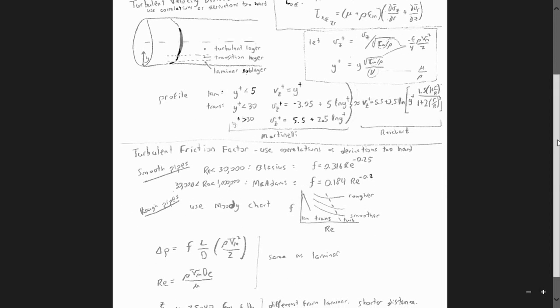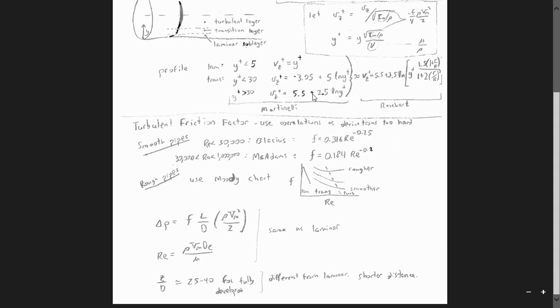Okay, so our velocity profile is there. We have our three terms. And I should note here, if you want to plot not Vz plus versus y plus, but actual velocity Vz versus actual position on the tube y, you need to solve this equation here for Vz and solve this equation here for y in terms of Vz plus and y plus.